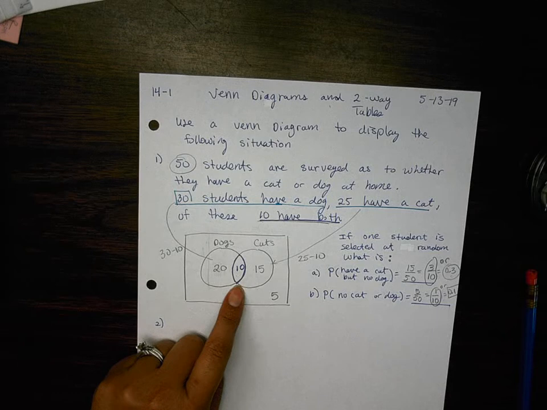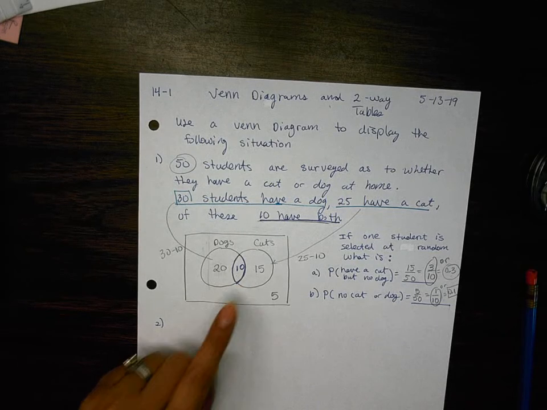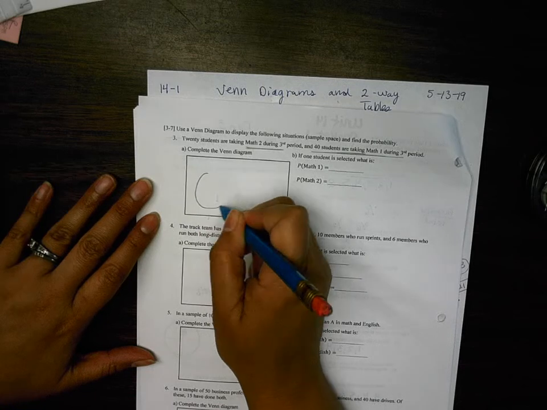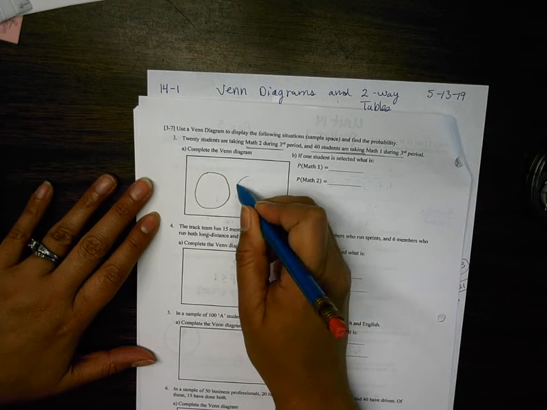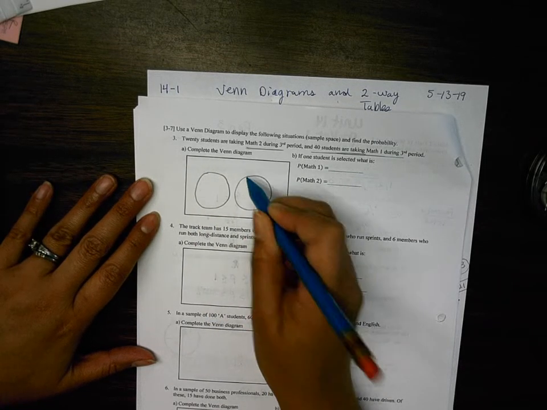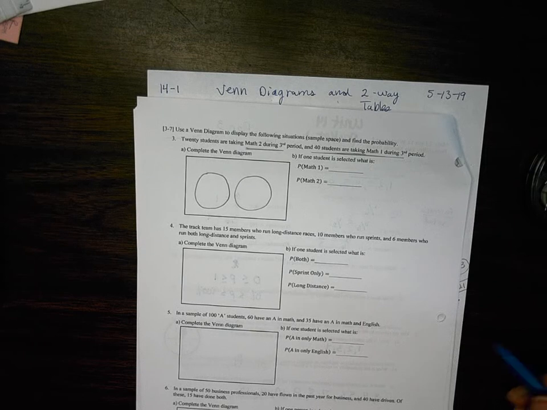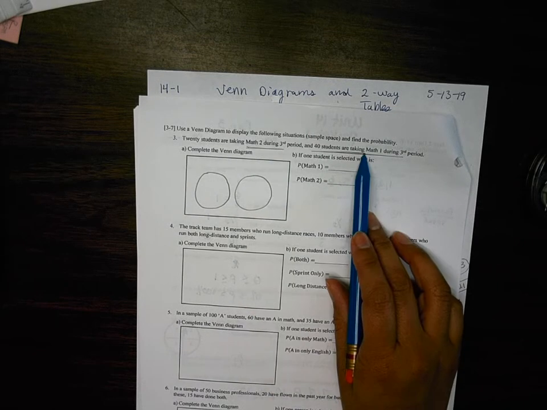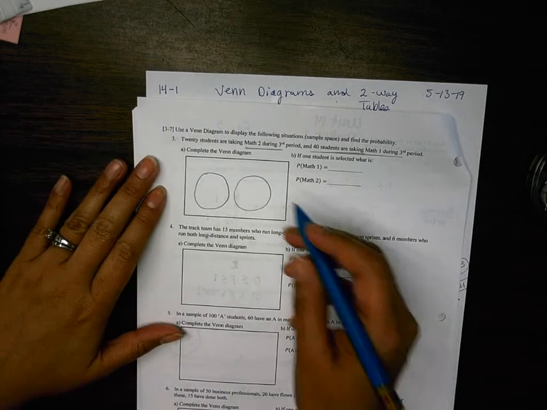Okay, so on this Venn diagram, would we have the 2 circles overlapping like we did here? Yes or no? No. There would be no overlap. It would look like this. These events are called mutually exclusive. To be in one, you cannot be in the other. If you are in Math 2 during 3rd period, you cannot also be in Math 1 during 3rd period.